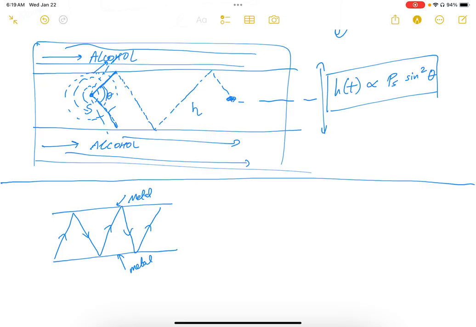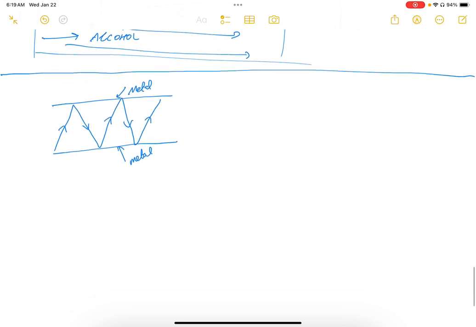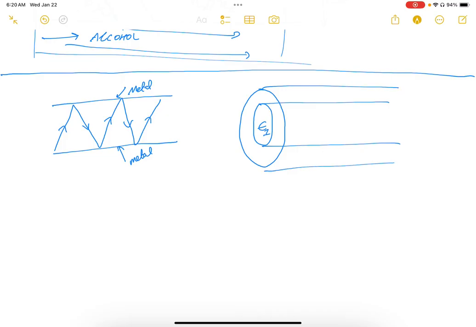You had the water having a higher viscosity than the alcohol. And so analogously, you can have a waveguide where you have two materials, one which has a higher dielectric constant, and the other one which is present on the outside having a lower dielectric constant, epsilon 2. So epsilon 2 is less than epsilon 1. And in this case, if you were to send light, the light would basically bounce within the medium of higher dielectric constant. So these are two ways by which you can make a waveguide.